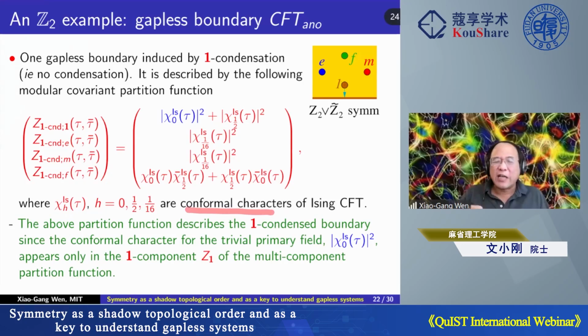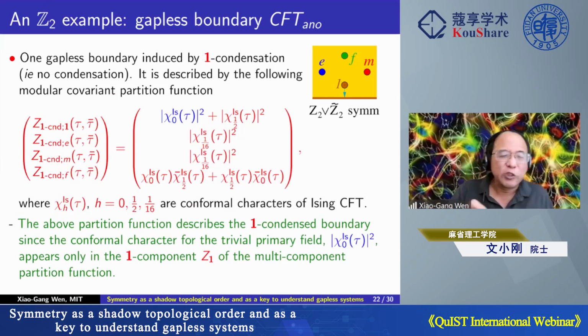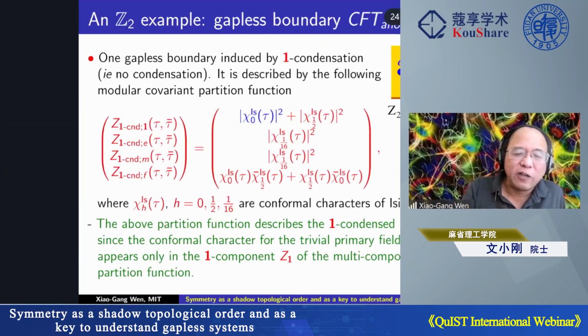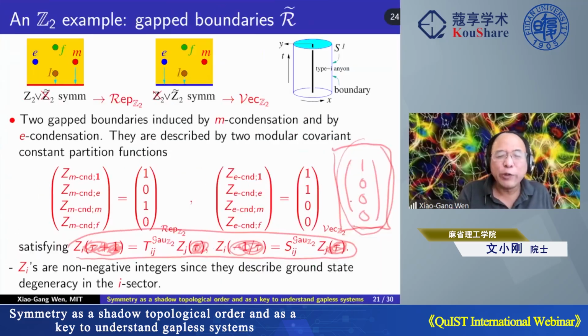Because we know how conformal characters transform under modular transformation, we just combine those conformal characters together so that they transform nicely under this particular ST matrix.